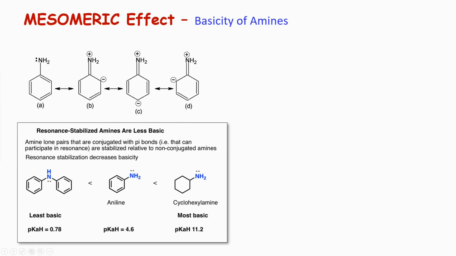Now here is an example where I have shown you resonance stabilized amines are less basic. These are resonance stabilized. I can stabilize it by resonance on both sides, right? In the ring conjugation. So this is the least basic. The more the nitrogen is in conjugation, the less basic it is. One more example of resonance stabilized is not an amine, but an amide.